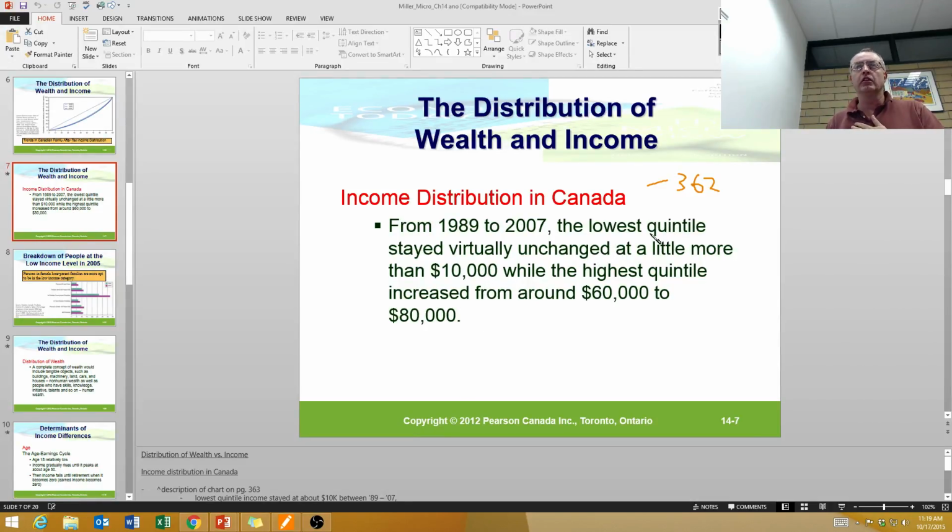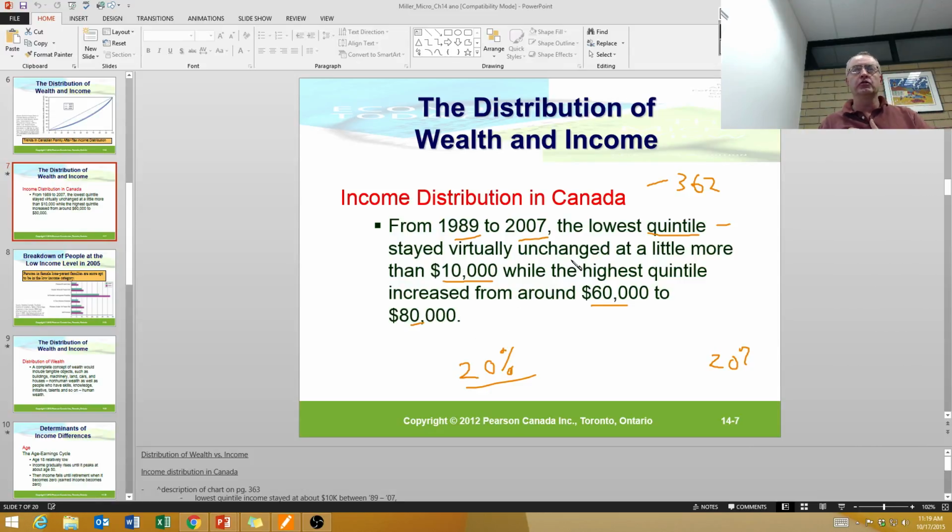So it says that the lowest quintile, the lowest 20% of the population, quintile means a fifth. Between 1989 and 2007, the lowest quintile earnings stayed at about $10,000 per year, and the highest quintile, that's the wealthiest 20%, their income increased from about $60,000 up to $80,000.